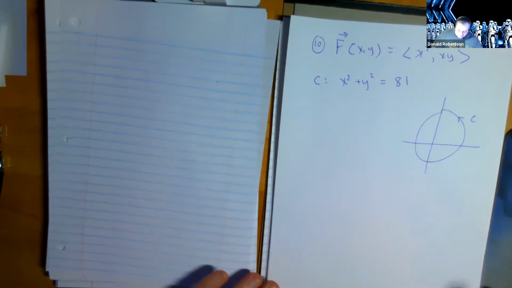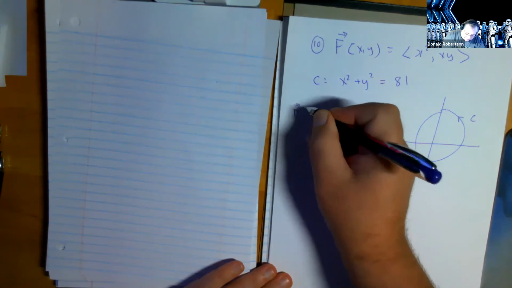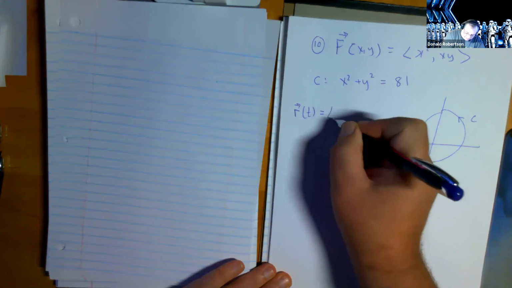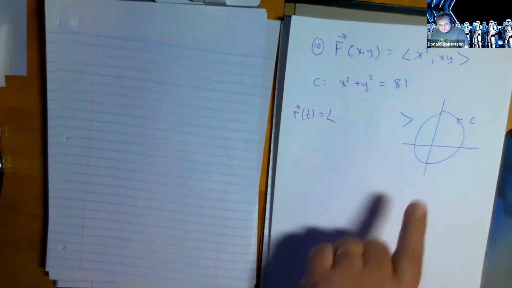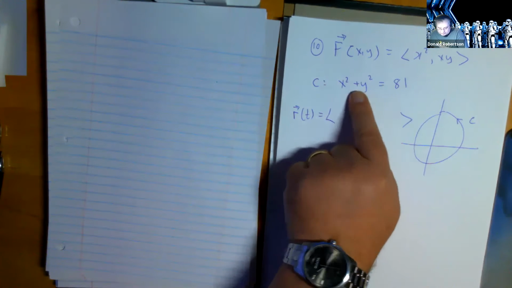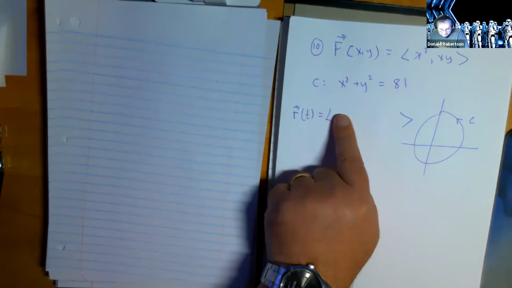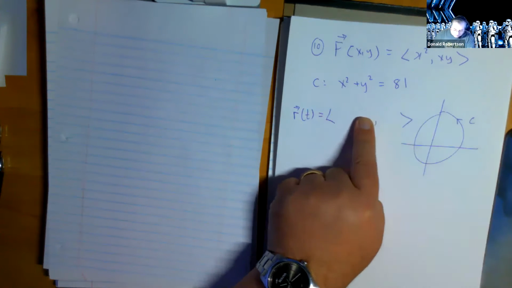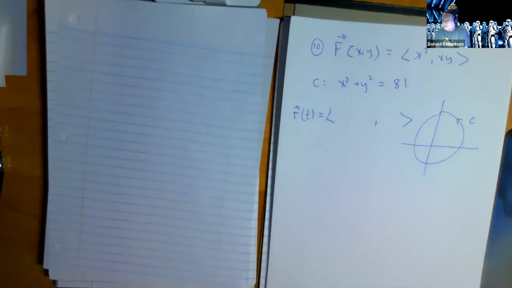Which means that I need to create the parametric equation of this, and the x parametric will go here, comma, the y parametric will go there. How do you parametrize a circle?